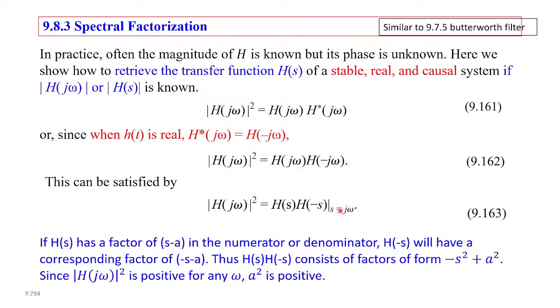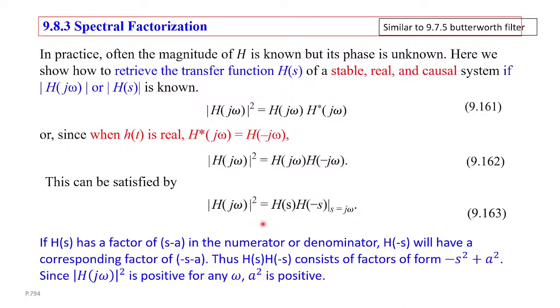Then we try to satisfy this by using H of s times H of minus s, evaluated at s equal to j omega.